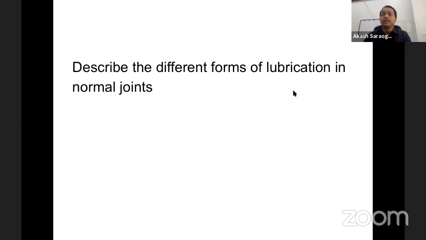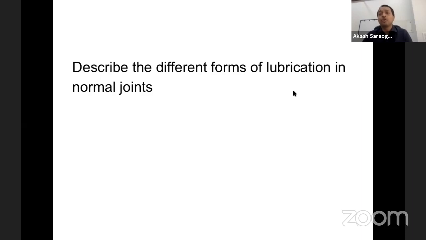It's a glycoprotein released by the articular surface and forms a molecular monolayer. Because of the decreased surface tension, the two surfaces do not form a lot of wear particles because of this surfactant. So this is called boundary lubrication.